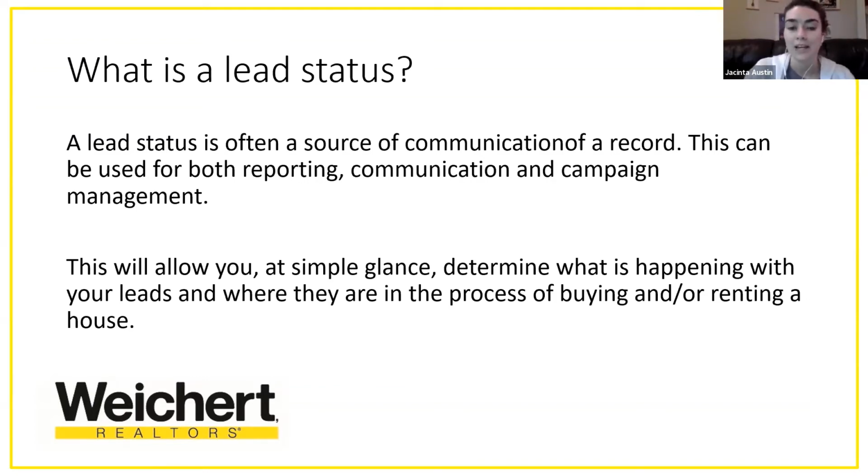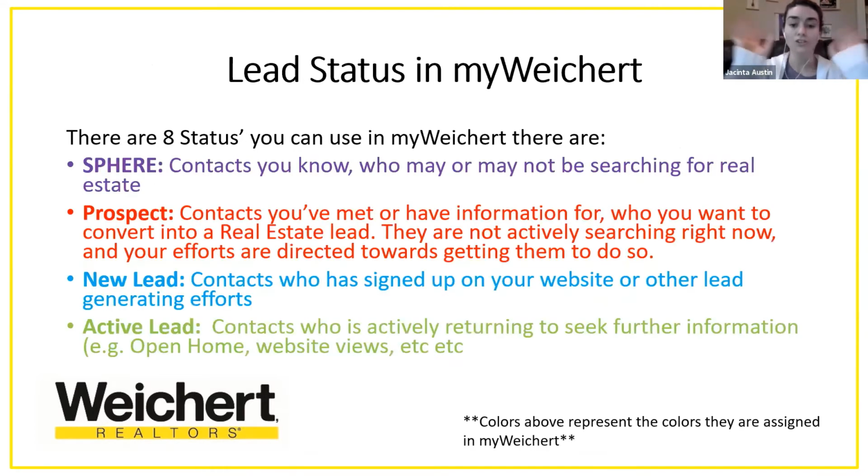It will basically allow you at a simple glance to determine what is happening with your leads, where they are, and the process of buying and renting, what process they're in, be it buying, renting, selling their house, etc. Each status is given a color. So here I've put the lead statuses in the color that is represented in my Y card.